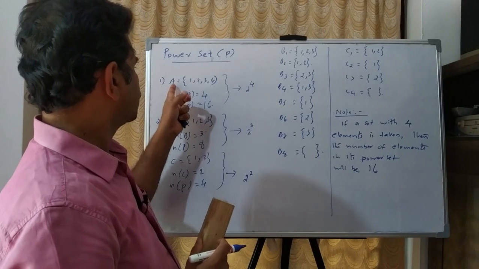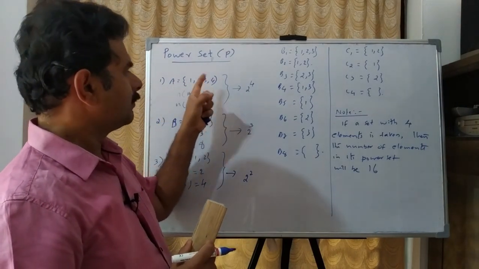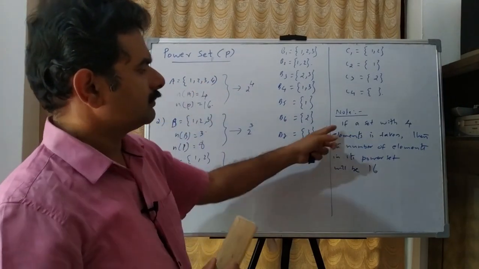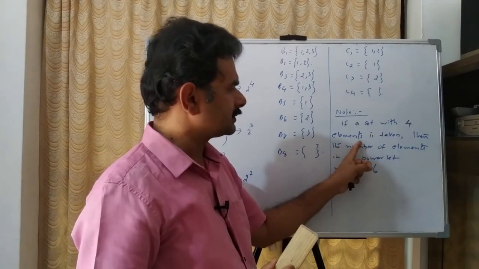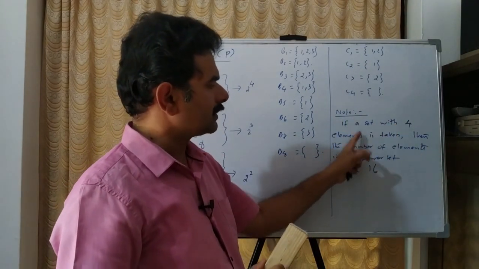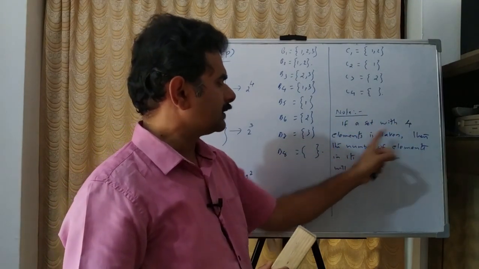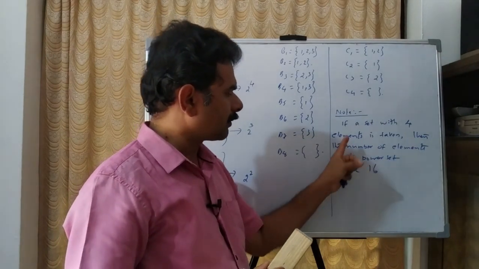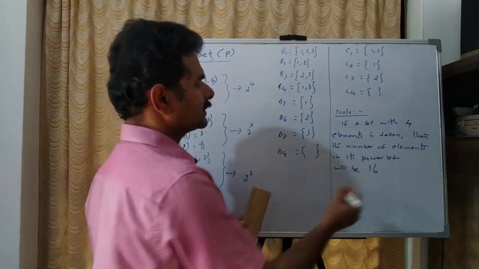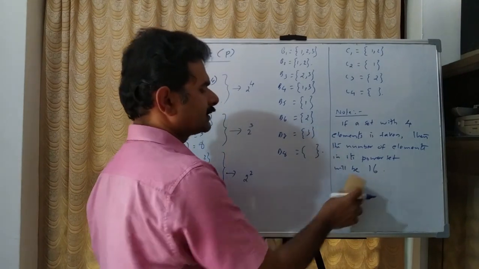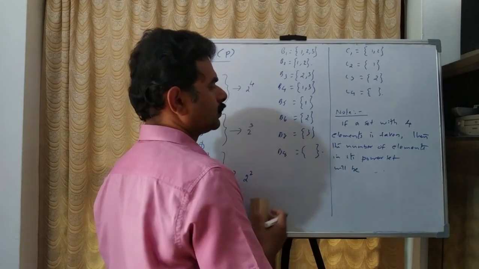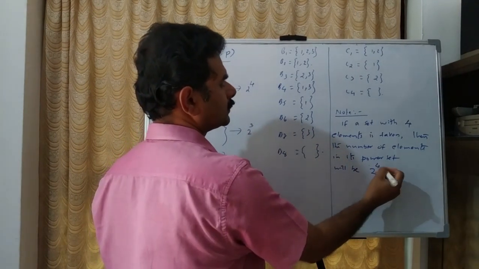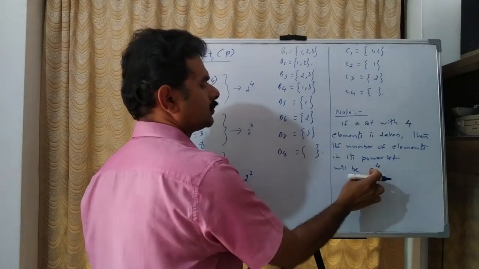If a set with 4 elements is taken, then the number of elements in its power set will be 16, or 16 means what? 2 raised to 4, 2 raised to this 4.